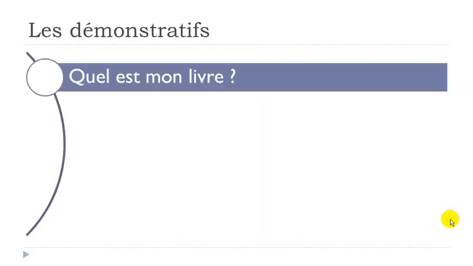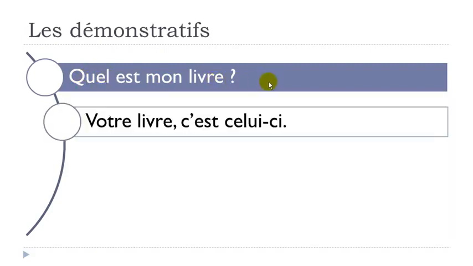If you ask a question, quel est mon livre? What is my book, or which one is my book? And then the answer could be votre livre, your book, c'est celui-ci, this one. Votre livre, c'est celui-ci.